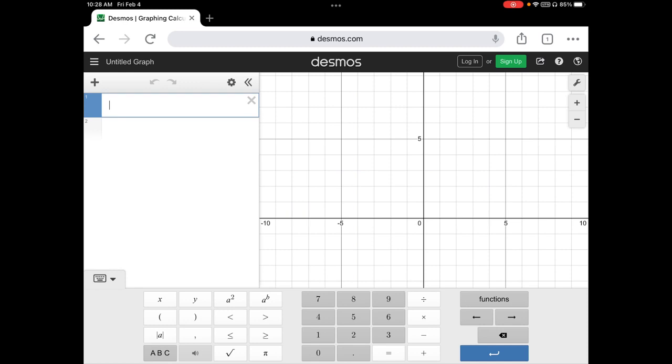Going to Desmos and graphing 10 to the power of 6.6 minus 0.91.